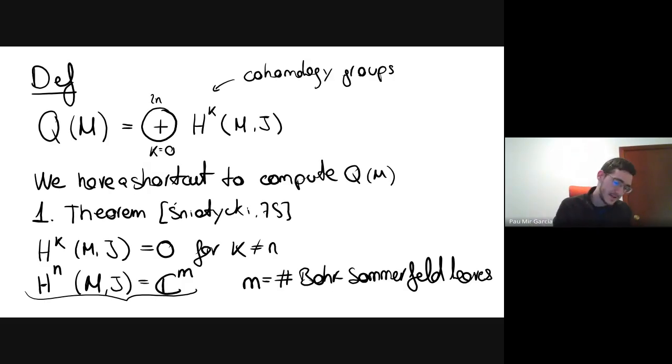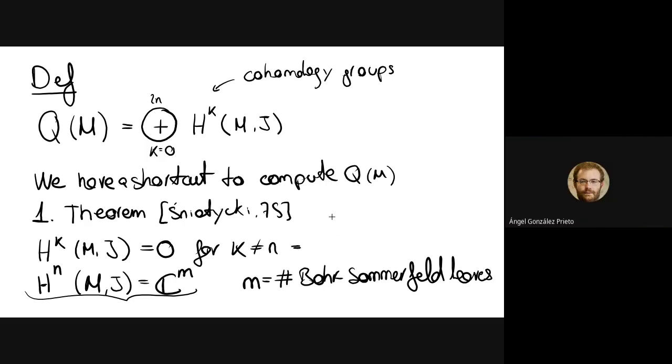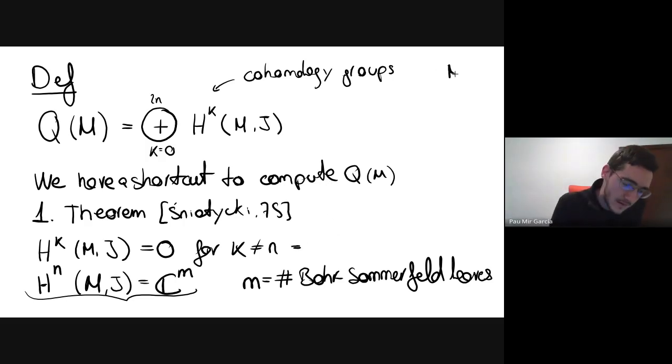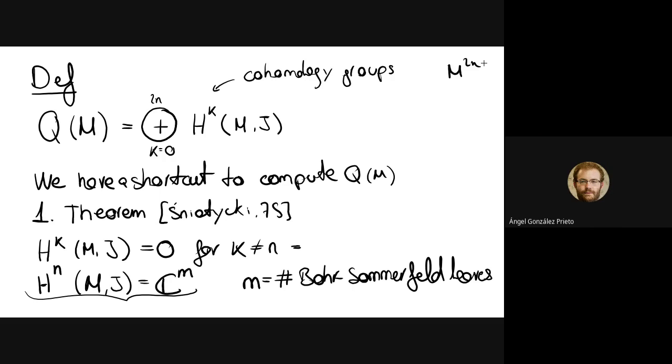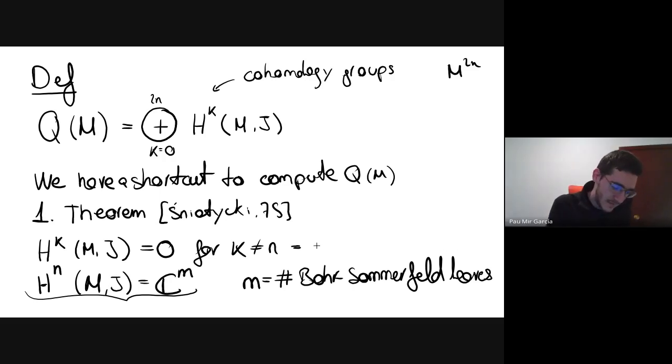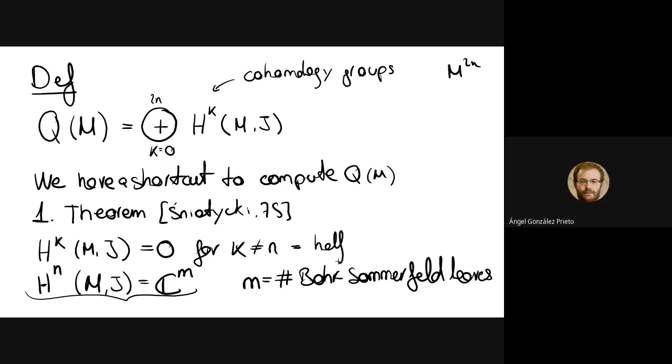Because this n is half of the dimension of the manifold, so the manifold is M to the 2n. Again, this is not H naught, which is what I would expect.